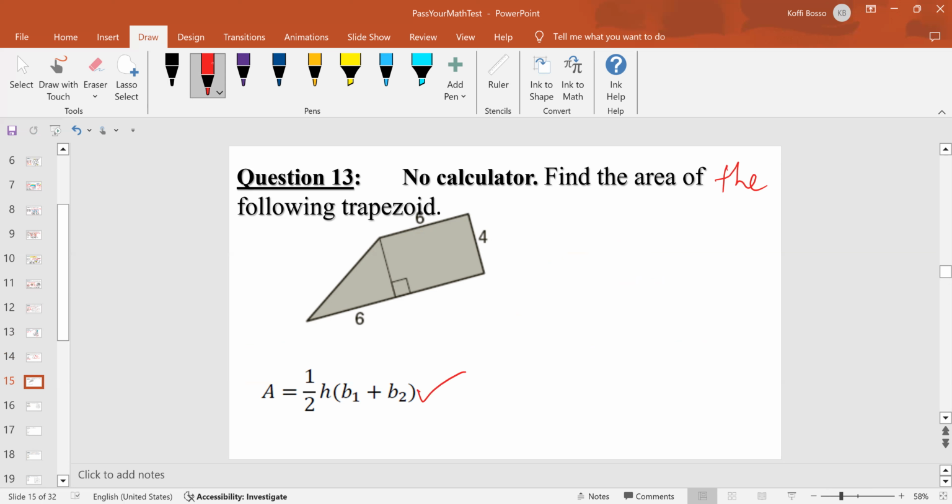The height here is this, and that's the same as the 4 we have here. What is the base? B1 represents base 1, which is 6 on top. What is base 2? Be careful. Don't say base 2 is 6. No, base 2 is not 6. Look, the 6 is this side.